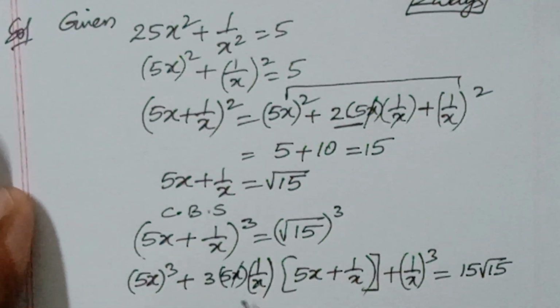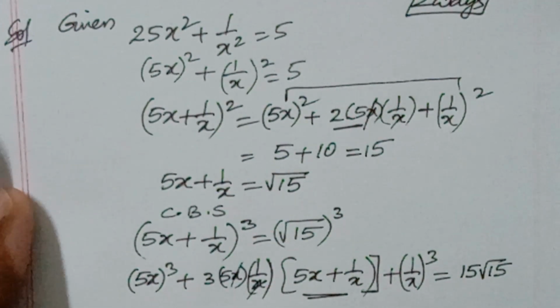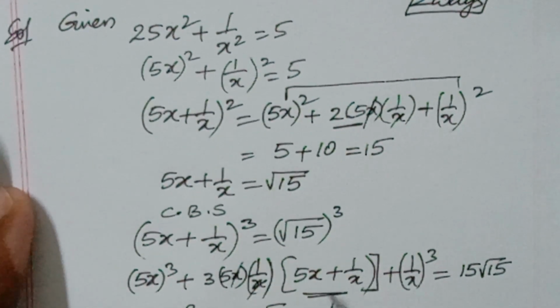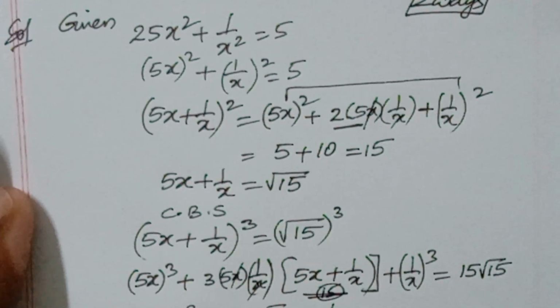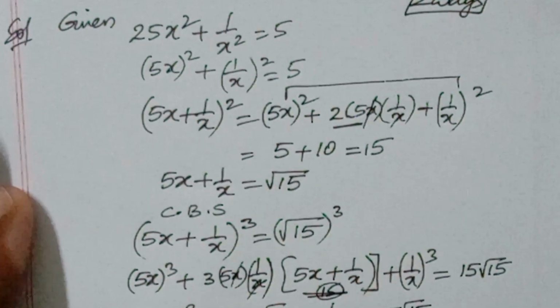Here x gets cancelled. This value a plus b is root 15. So 5x cube plus 15 root 15 plus 1 by x cube is equal to 15 root 15.